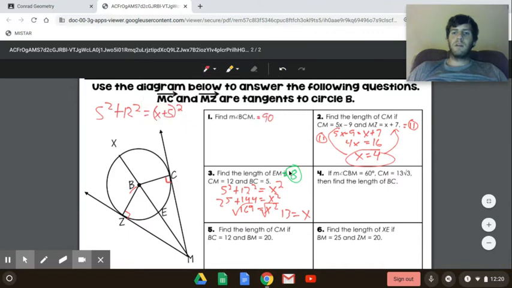If the measure of angle CBM, that's this one here, is 60 degrees, and CM is 13 root 3. Okay, find the length of BC.